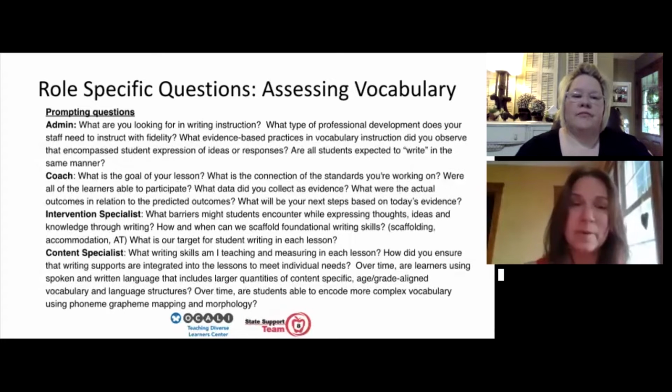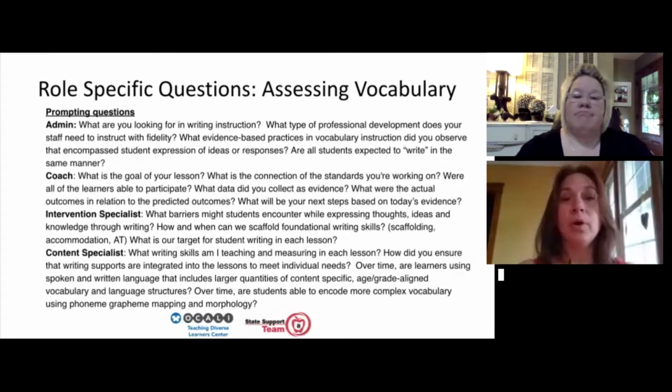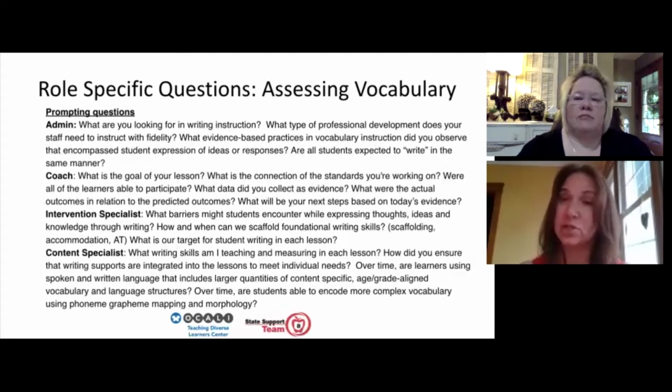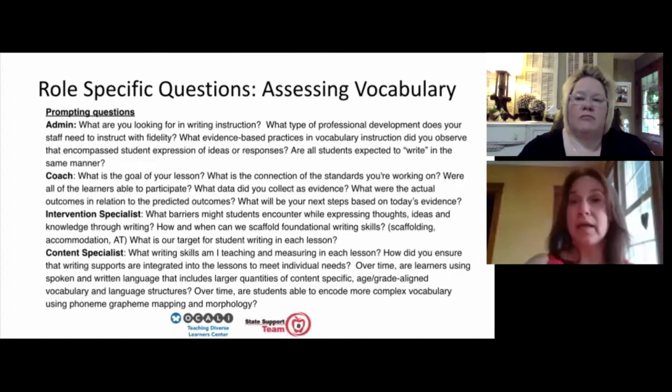So intervention specialists, or any specialist for that matter, you may be thinking about what barriers students might encounter while expressing their thoughts and ideas and knowledge through writing. You can think about universal design for learning, and what might get in the way of students being able to write and express themselves, because that's really what writing is all about.